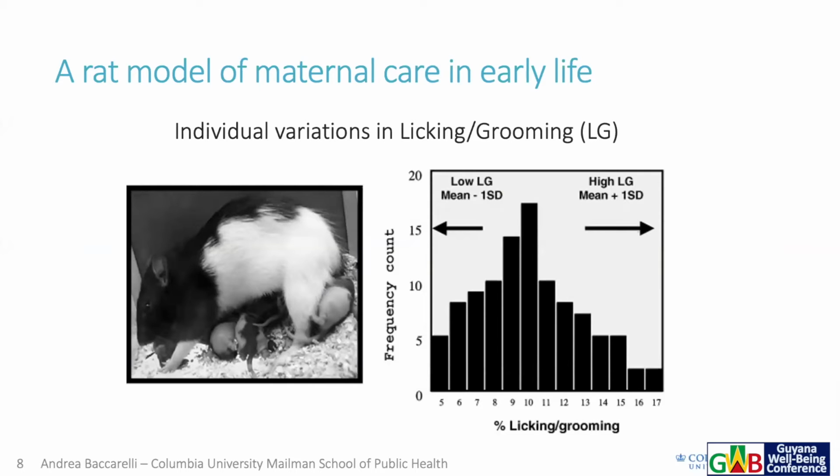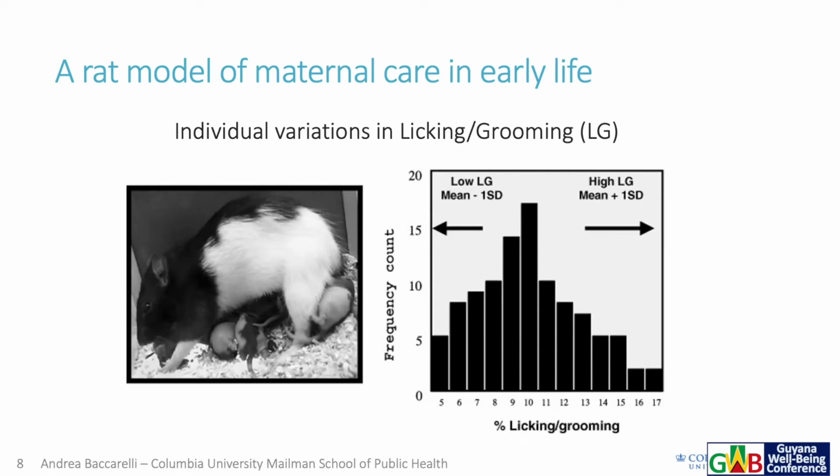There are different ways we can measure maternal care in humans, but in rats, one way investigators do that is to put the rats in a chamber and measure how often the dam, the mother rat, licks and grooms her pups. You can imagine that there are scores of postdocs and students who spend their time counting or quantifying the amount of licking and grooming that a mother gives to her pups.